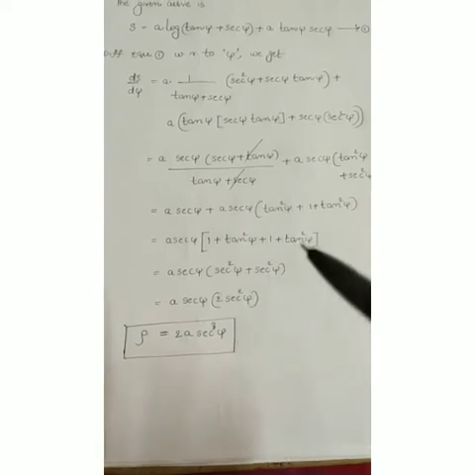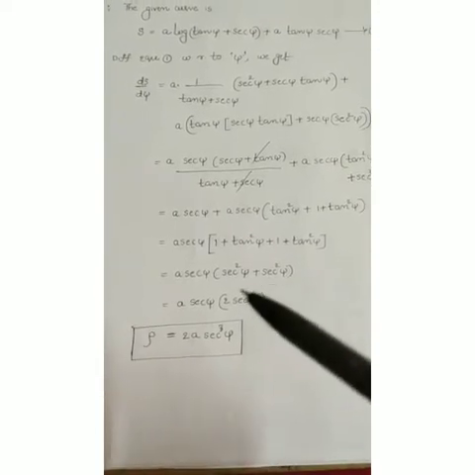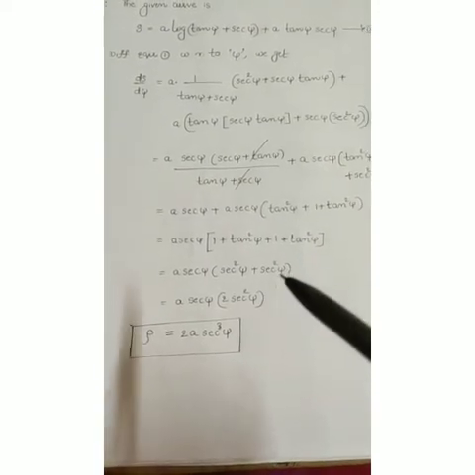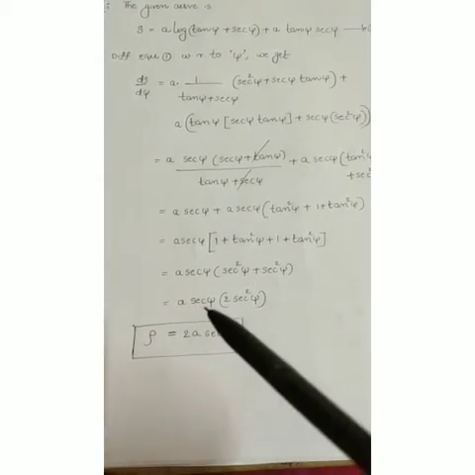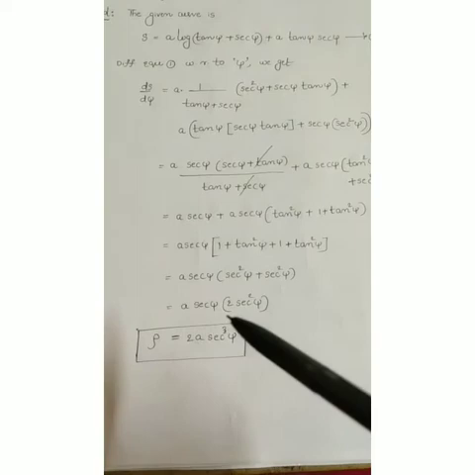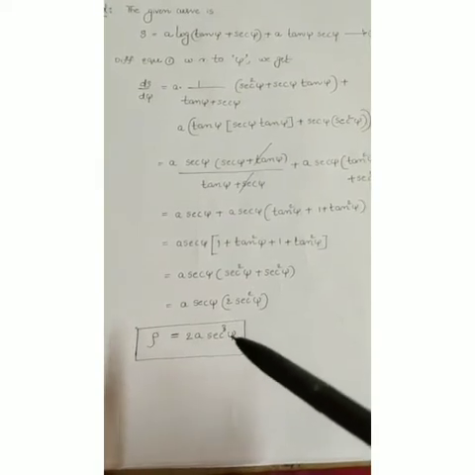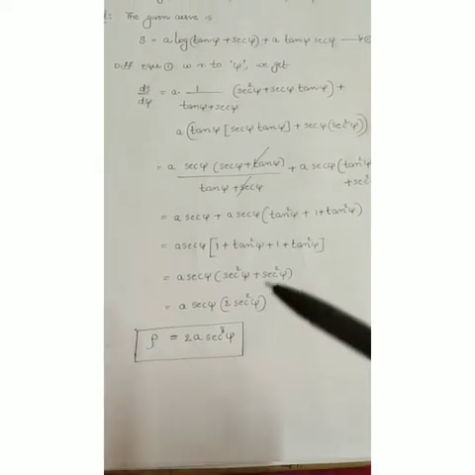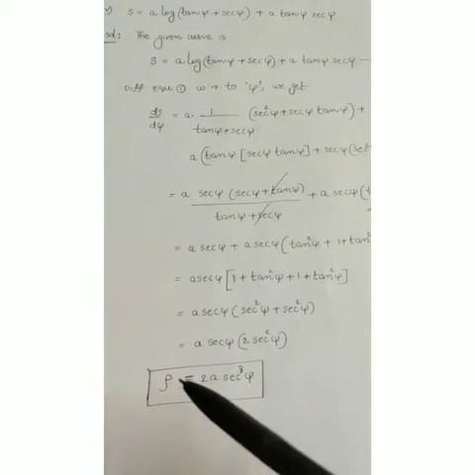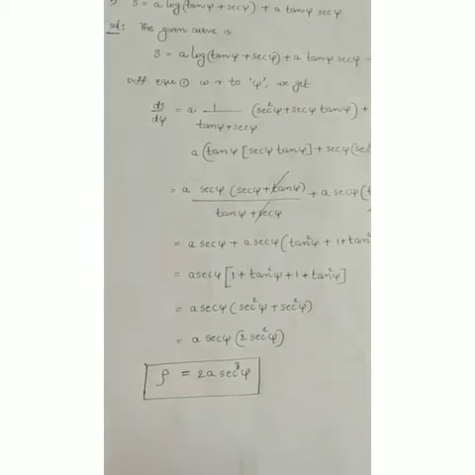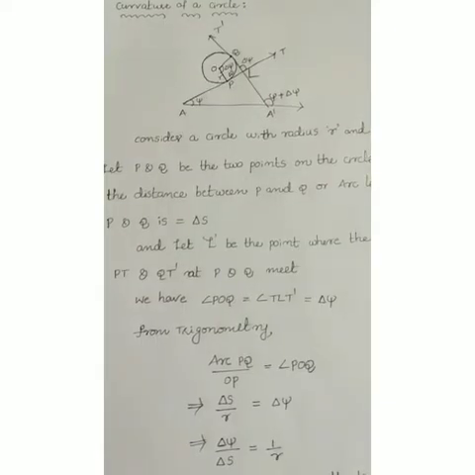Secant square psi is 1 plus tan square psi, so secant square psi plus secant square psi equal to 2 secant square psi. So this is a into secant psi, so 2a secant psi into secant square psi is secant cube psi. So the radius of curvature rho equal to 2a into secant cube psi.